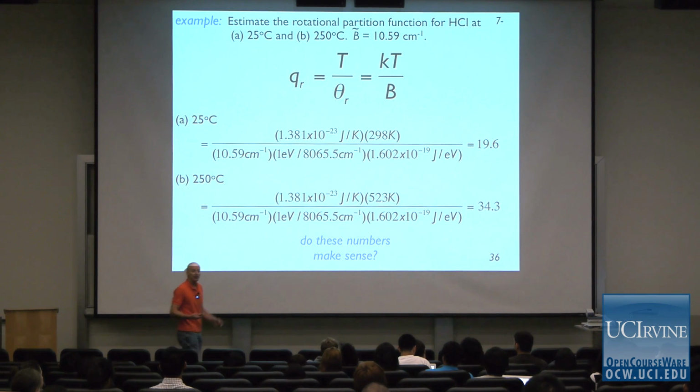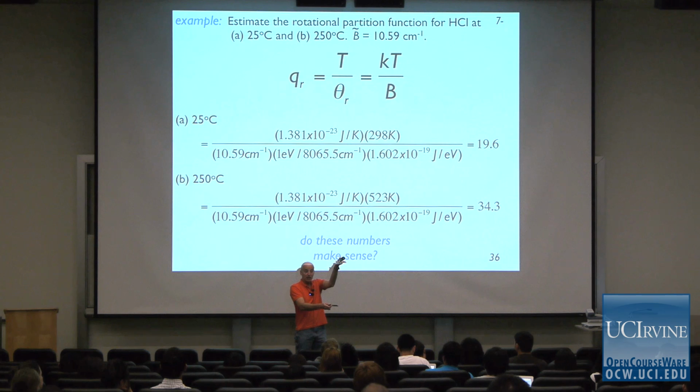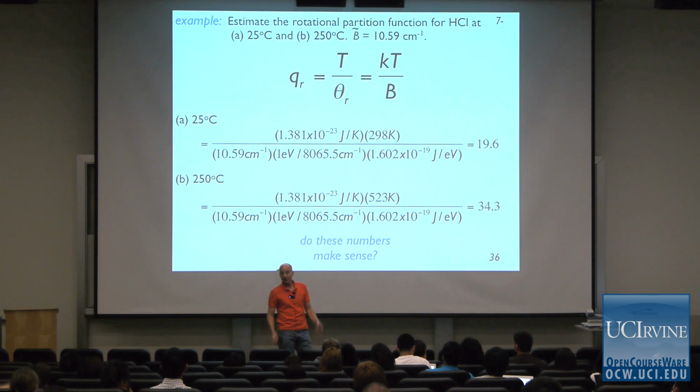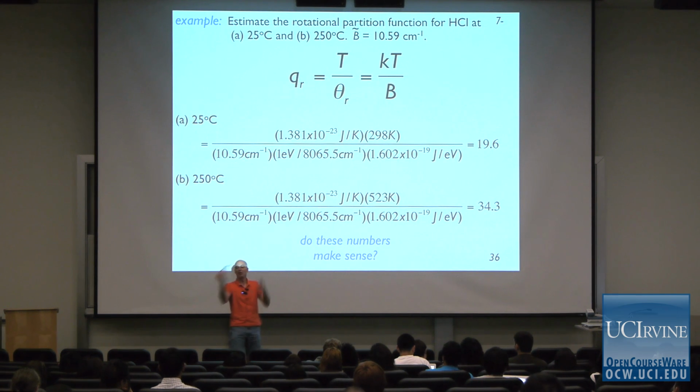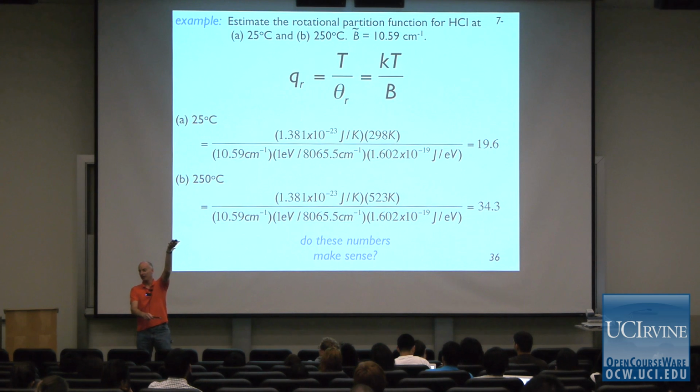We're at 25 degrees C, we're at 298 K. The rotational temperature is 15. So lots of rotational states are going to be occupied. 15 degrees is when we start to have multiple rotational states occupied. We're way above that. We're going to have lots of rotational states occupied. Qualitatively, that looks about right.